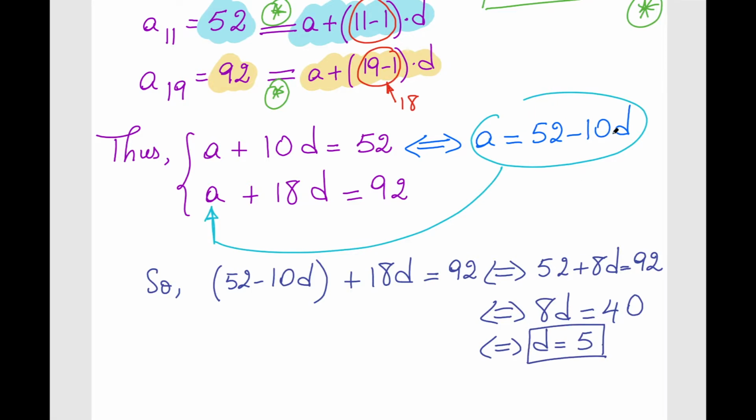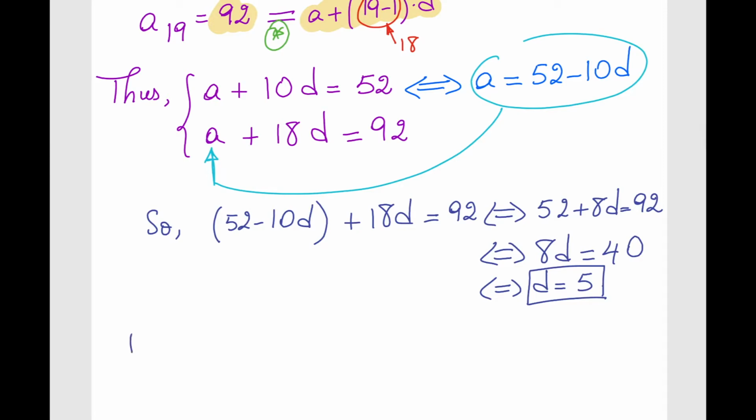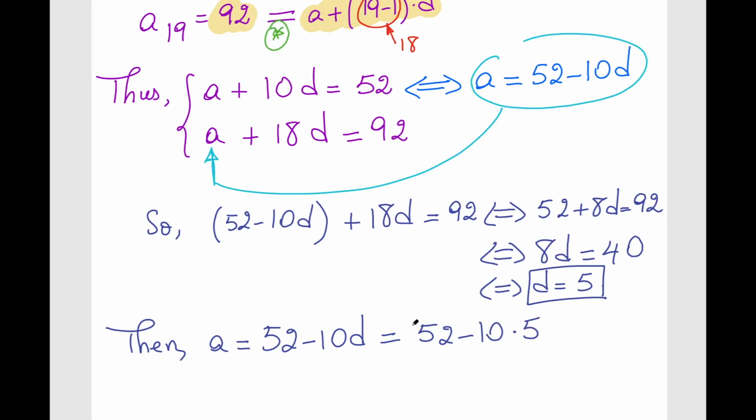Well, a is 52 minus 10d, and you know what d is. So what is a? Then a, which is 52 minus 10d, is equal to 52 minus 10 times 5, because I know at this point that d is 5, so I'm using this result. So this becomes 10 times 5.